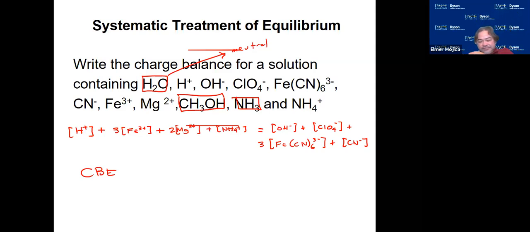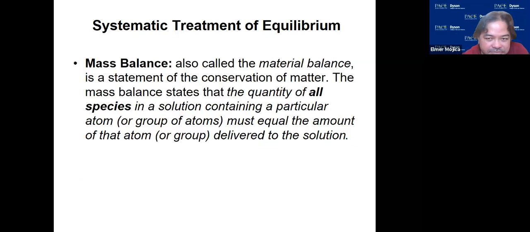Okay. Now, it was also mentioned there that we have the other equation, the mass balance equation, also called the material balance. So this is a statement of the conservation of matter.